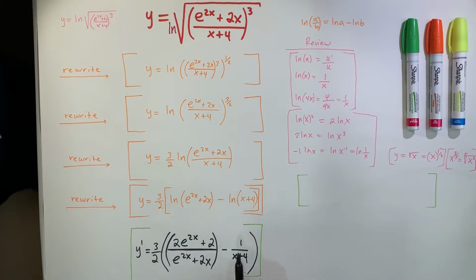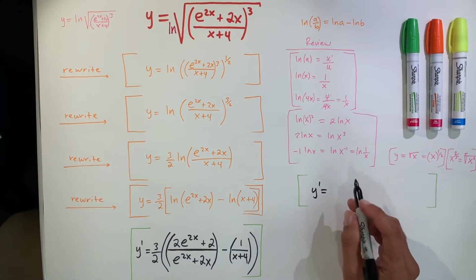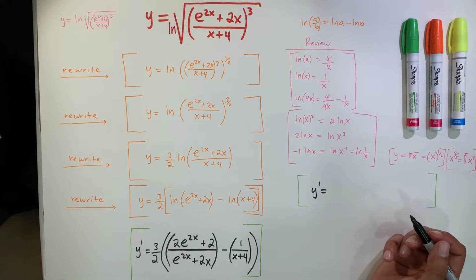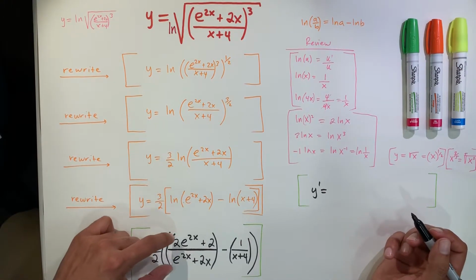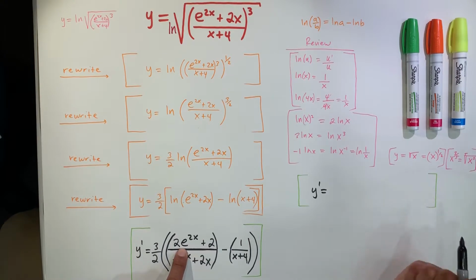Okay, so you could even put a little parentheses around this, and then let's FOIL in this 3 over 2 into both of these terms. We're going to do one more simplification here. We got y prime is going to equal, if I FOIL this into this first term, but first I want to take out this 2 and this 2 that they have in common.